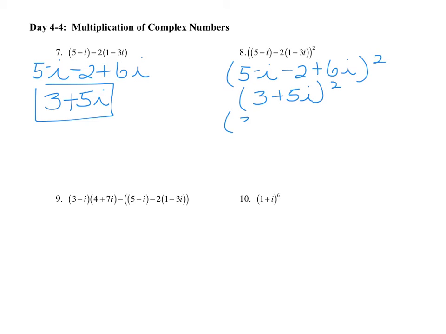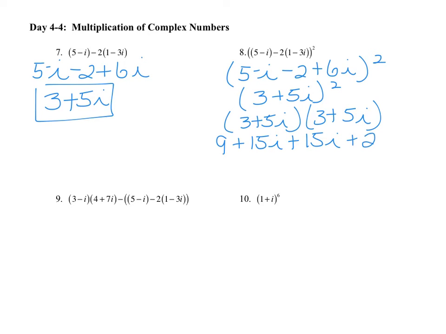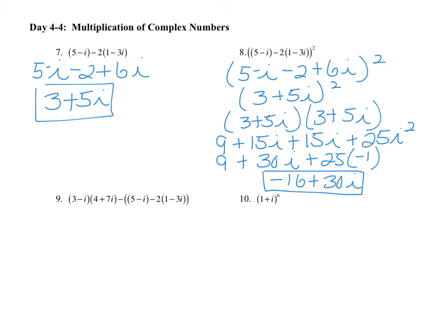So now I have 3 plus 5i times 3 plus 5i, which will give me, with double distributive property, 9 plus 15i plus 15i plus 25i squared. Okay, I get 9 plus 30i plus 25 times a negative 1, which gives me a negative 25, and 9 minus 25 gives me a negative 16 plus 30i. So there is the final answer to number 8.